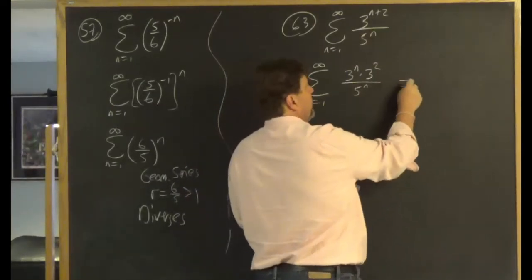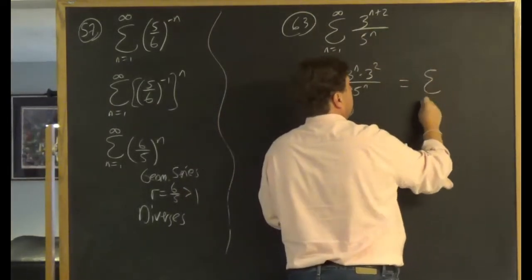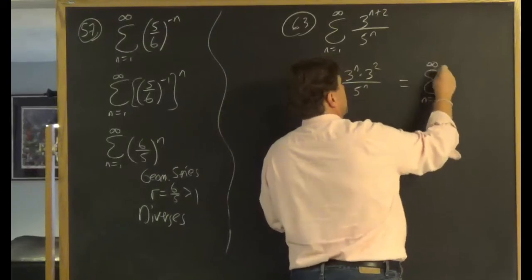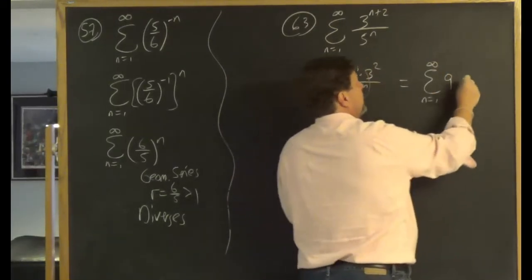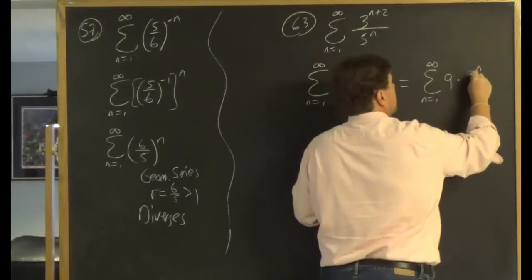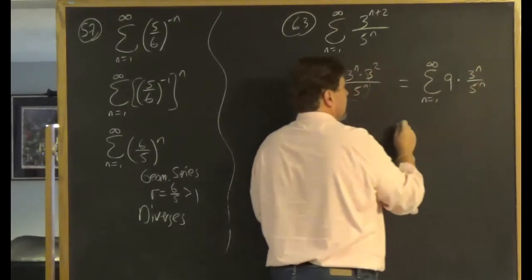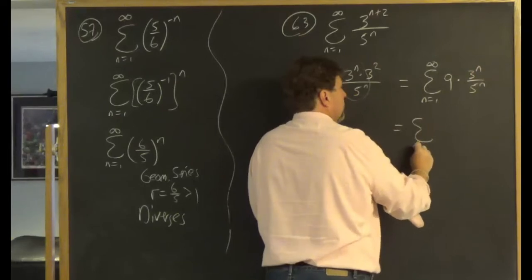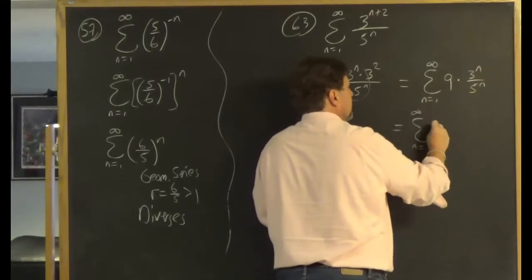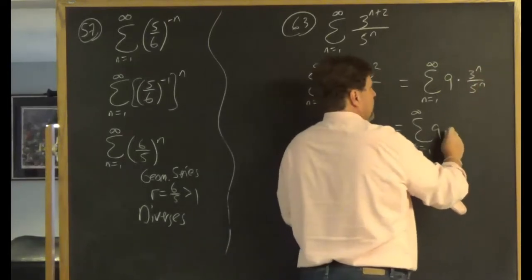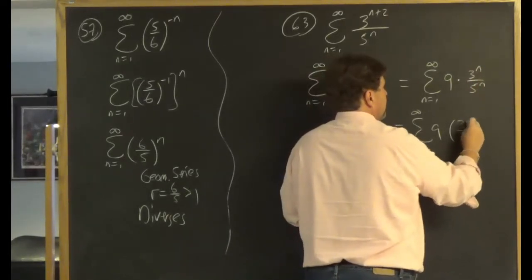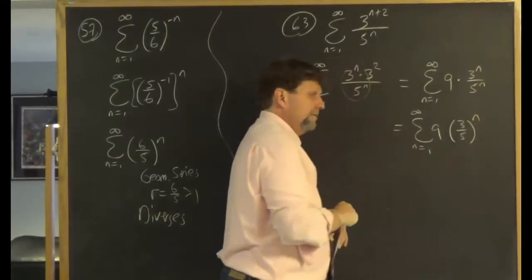Well, we know what 3 squared is. 3 squared is 9. And then we're left with this 3 to the n over 5 to the n, which there's an old rule of exponents that says 3 to the n over 5 to the n, you can write that as 3/5 to the n.